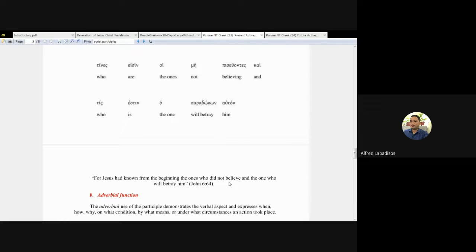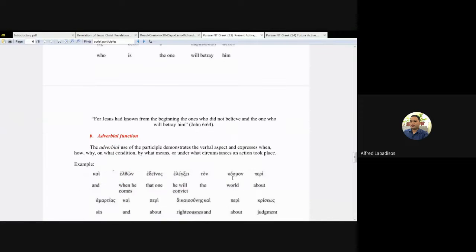Believing is subsequent because Jesus had already known before. The action already took place and the participle denotes a subsequent action to the main verb.